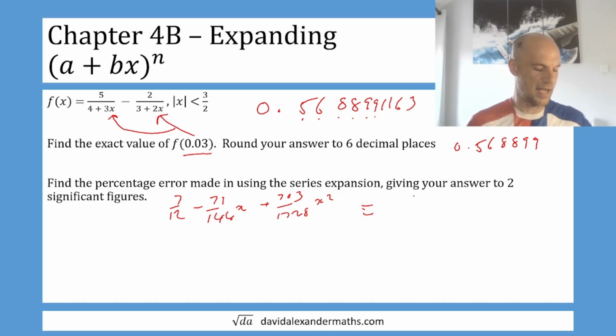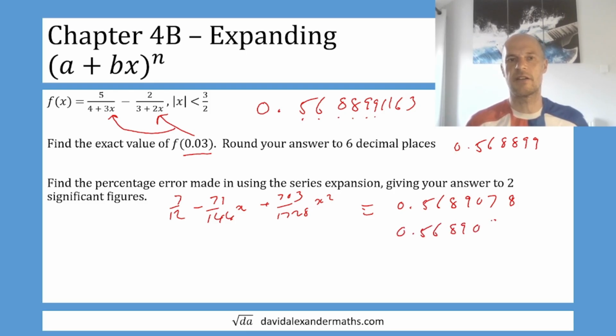And what I get here is 0.56897. Okay, so actually, what's the next figure? The next is an 8. So again, to 6 decimal places, 1, 2, 3, 4, 5, 6, that's going to be 0.568908. It doesn't say 6 decimal places, so I'll assume it does.